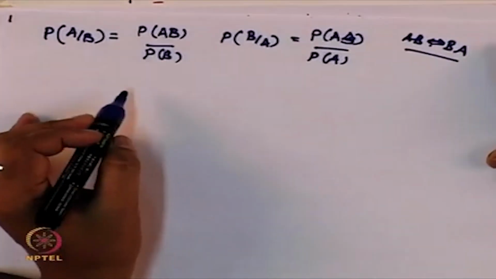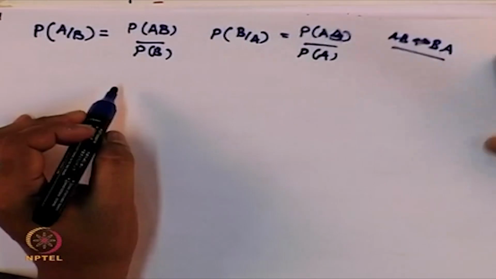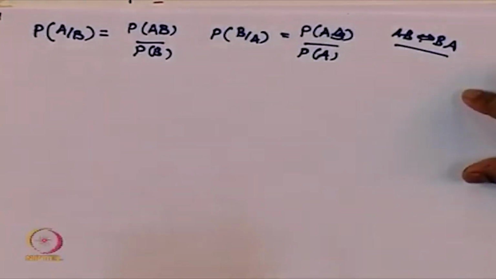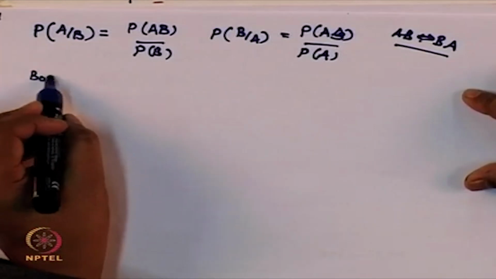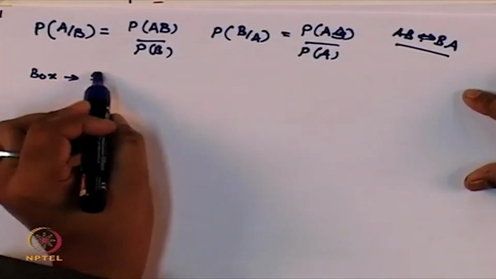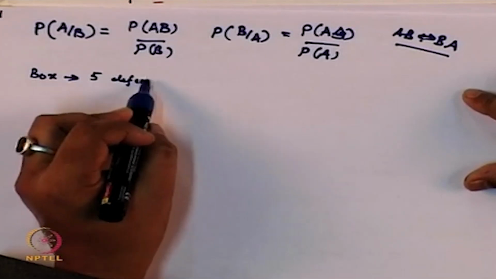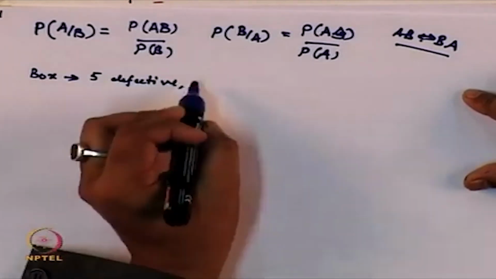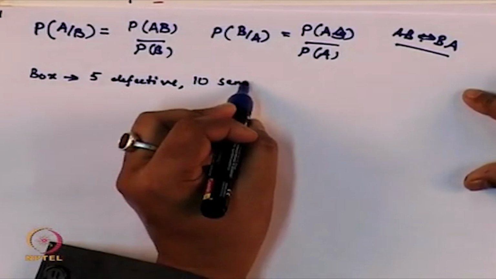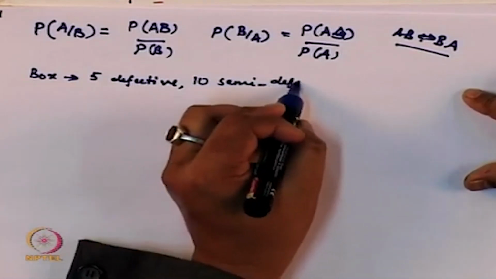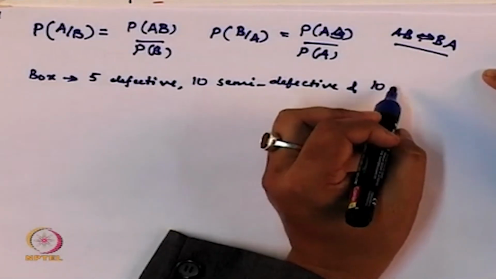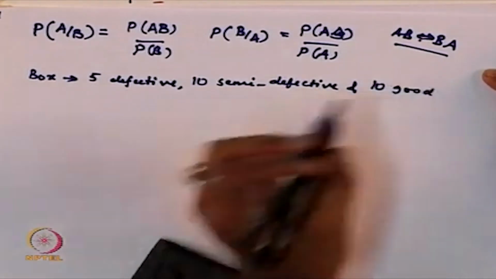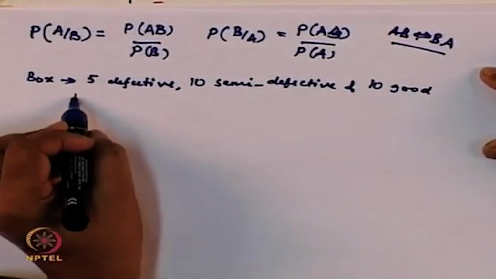So, let us consider a simple example. Imagine you have a box which has 5 defective, 10 semi defective and 10 good pencils.